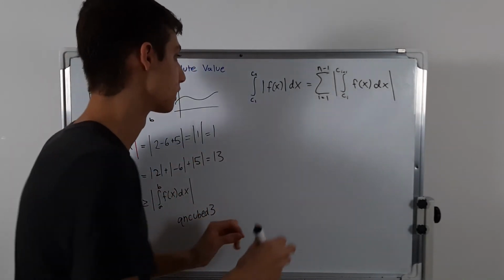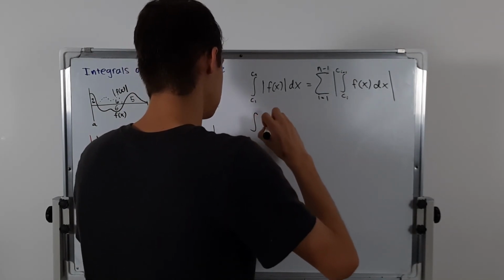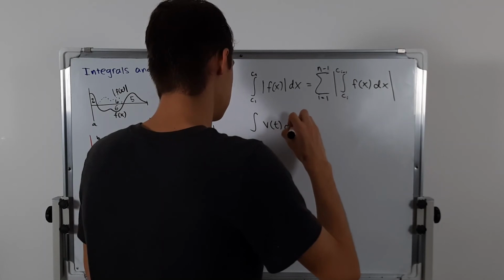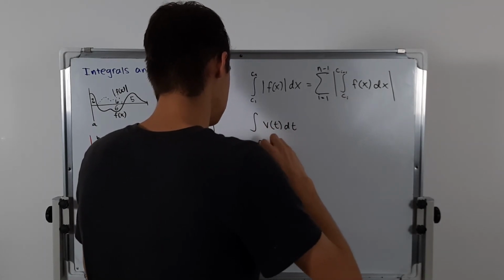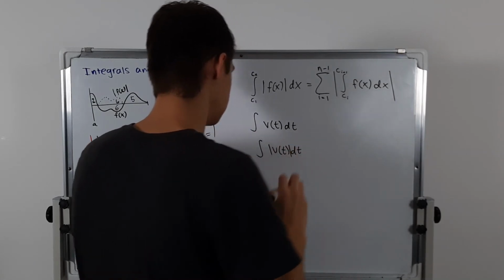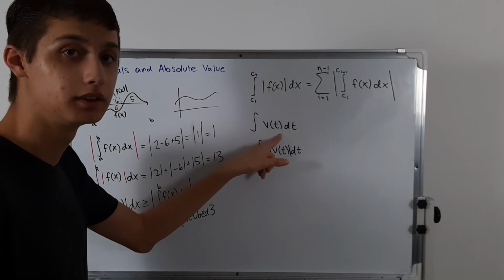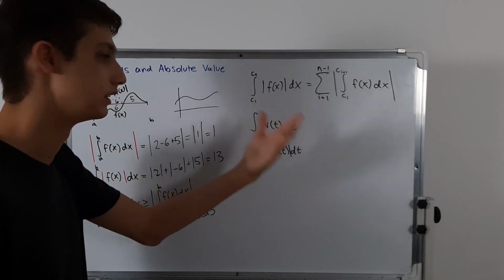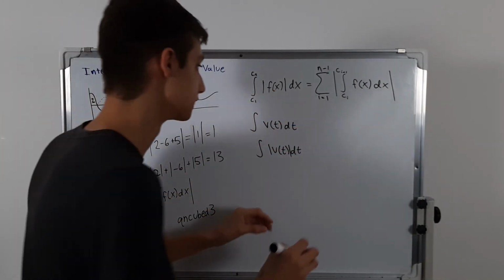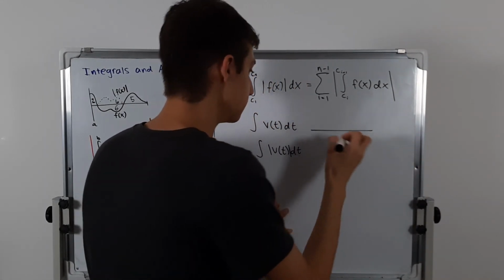One last thing I want to talk about is the integral of velocity versus the integral of the absolute value of velocity. So this one gives you the displacement. Let's say we're talking about one-dimensional motion, and we have a particle that travels on one dimension.